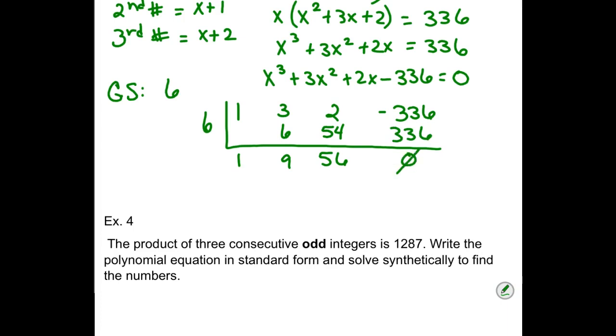So I do get a remainder of 0. So that tells me that 6 is my first number. And they are supposed to be consecutive integers. So my numbers would have to be 6, 7, and 8.